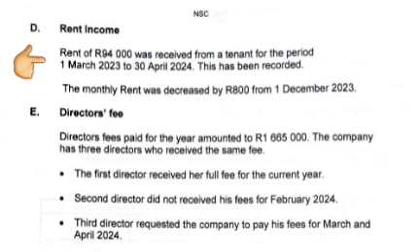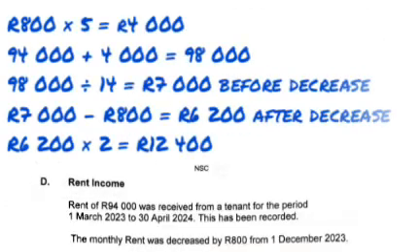This has been recorded. The monthly rent has decreased by 800 from 1 December 2023. Now you're asking yourself, if it's a rent from a customer, wouldn't that be rent income? It is, except when the customer pays me in advance. It means they are putting me in a position where I now have to owe them.